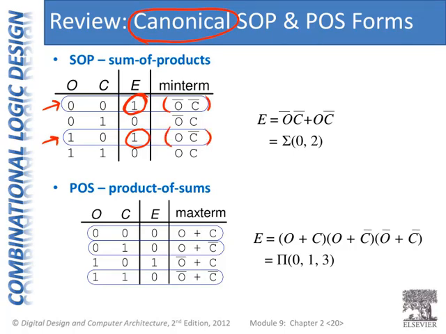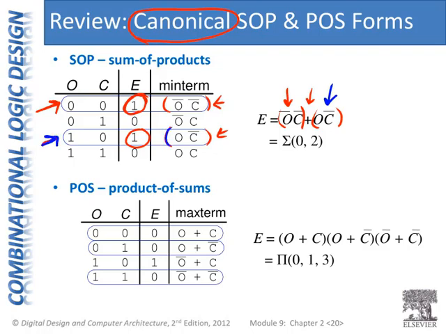So E equals O bar C bar, the minterm 0, or O and C bar. This term, O bar C bar, will force the output E to 1 in the case that O is 0 and C is 0, because that term will be 1. And then we OR it with another case we want the output to be 1. Well, in the 1, 0 case, we also want the output to be 1.